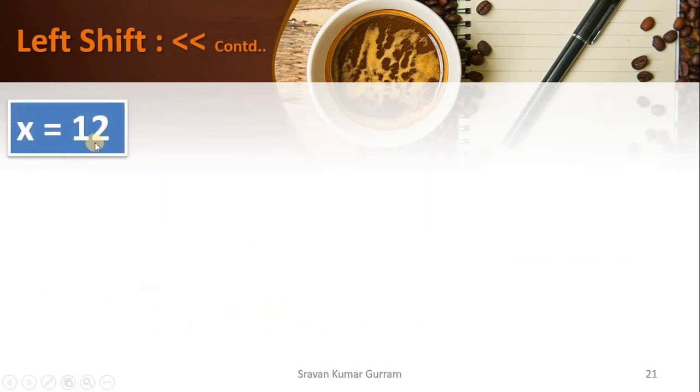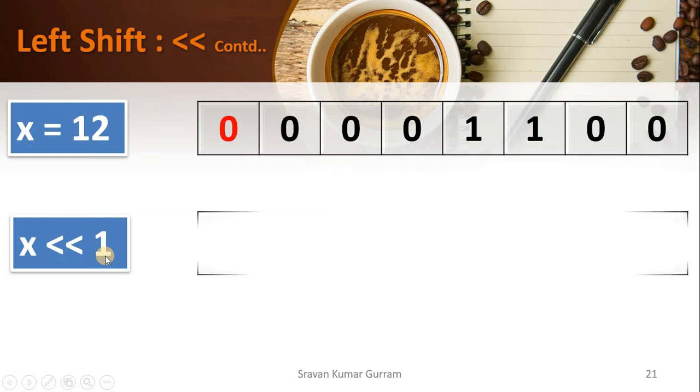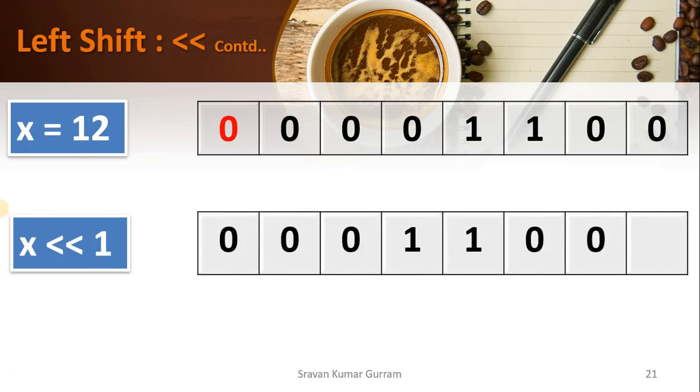For example, we have the value 12 in the variable x. First step is that value will be converted into the binary value. As we are working with bitwise operators, all these operators are used at bit level. Then the operation is x left shift operator 1. Nothing but all the bits should be moved one cell to the left side.